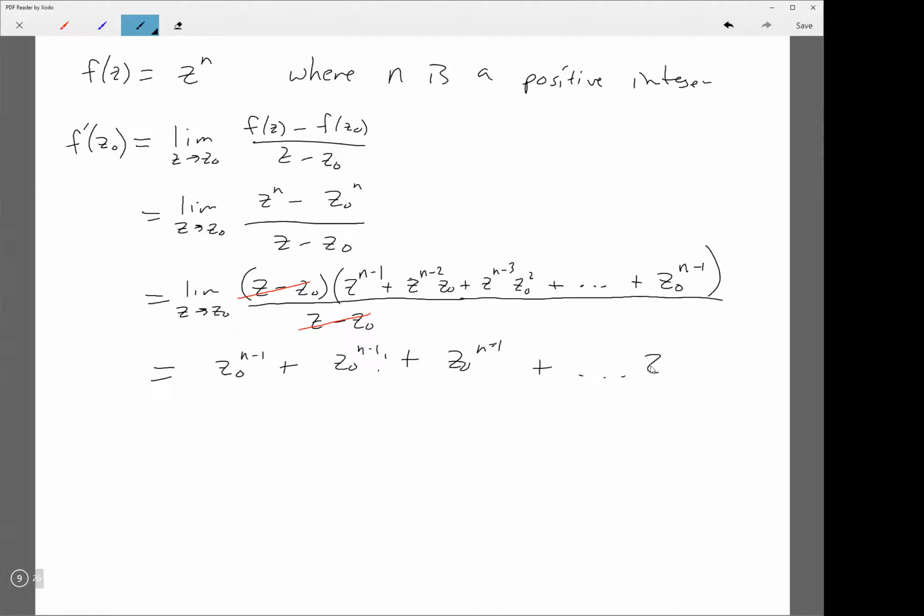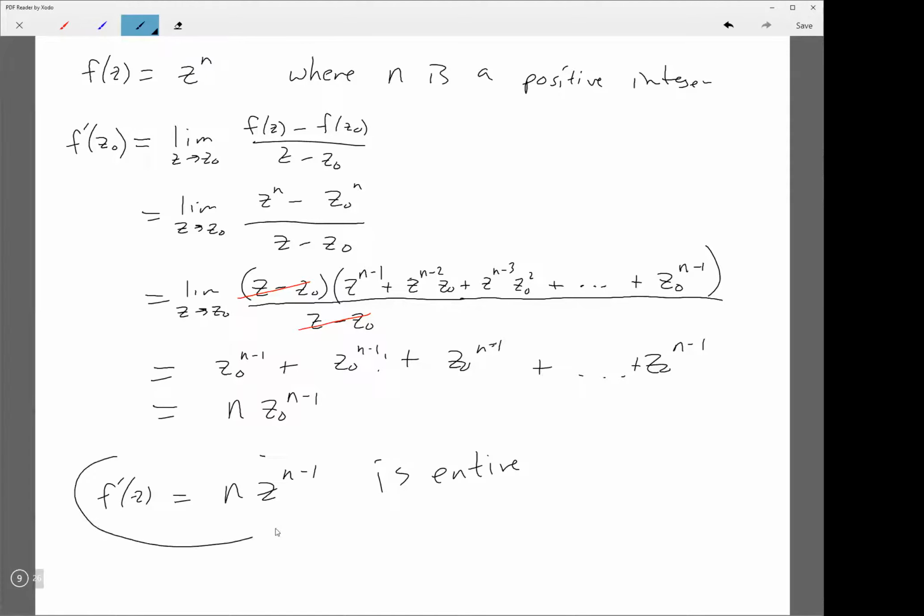And of course, you have n of those. There's n terms like that because it's going from 0, 1, 2, all the way to n minus 1. So that means there's n of them. And that's the derivative. So the derivative of z to the n is n z to the n minus 1. And this showed that it's differentiable everywhere because z naught is an arbitrary point. So this is entire.